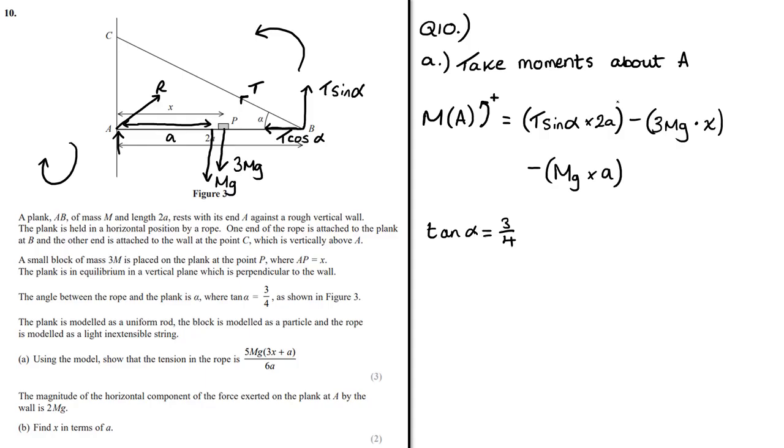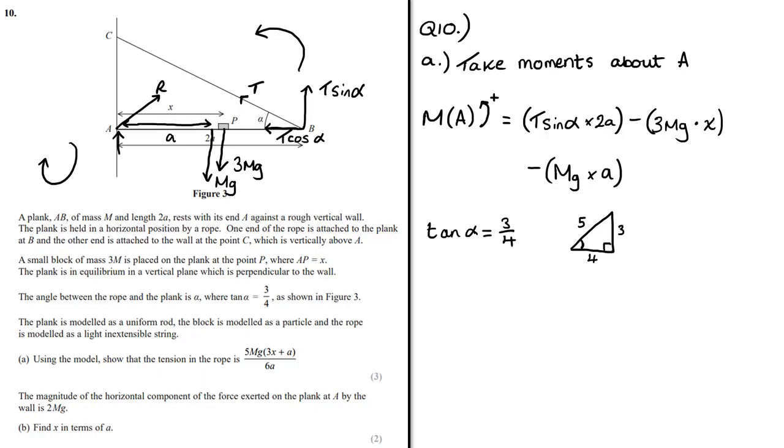If tan alpha is equal to 3/4, by basic trigonometry, this would just be a right angled triangle. For tangent, that's opposite over adjacent. So the opposite here must be 3, and my adjacent here would be 4. And by Pythagoras, this length here will be 5. It's a basic 3, 4, 5 triangle.